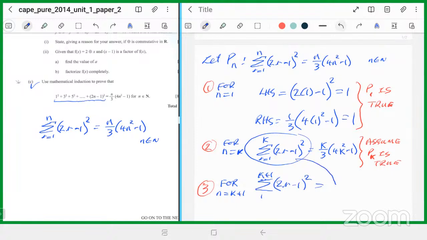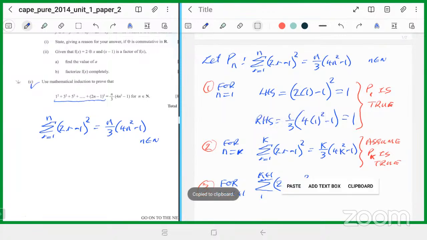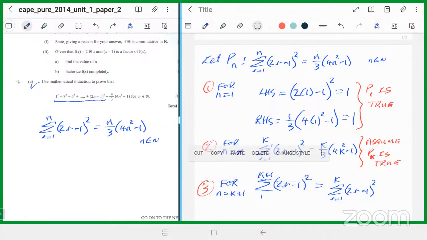Now that is how the second step is induced into the third step in the summation type. So you're taking the sum to k, which is this expression I'm going to put here. I can literally copy this and paste it here. Equals the sum to k.